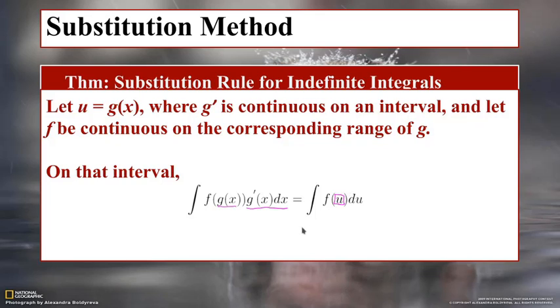It's confusing to say it that way, so it will be easier to show you. But the idea is that we're letting u equal some g of x, where g of x is something we see in the function we're trying to integrate, and we also have g prime of x in that function. If we see that, then we can use this u substitution method.